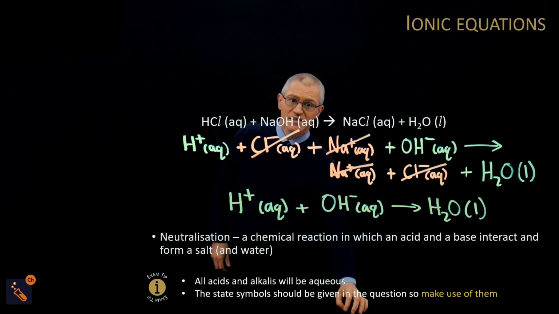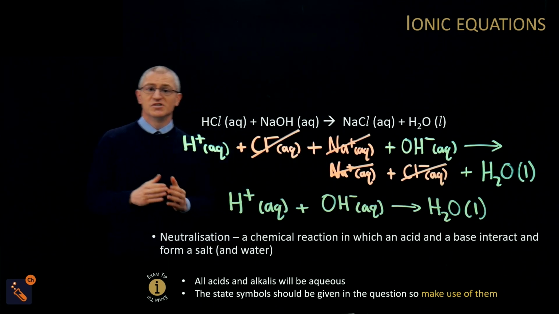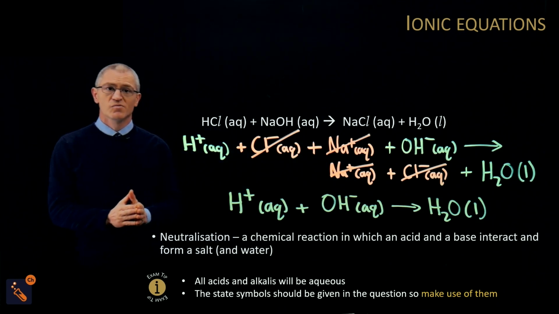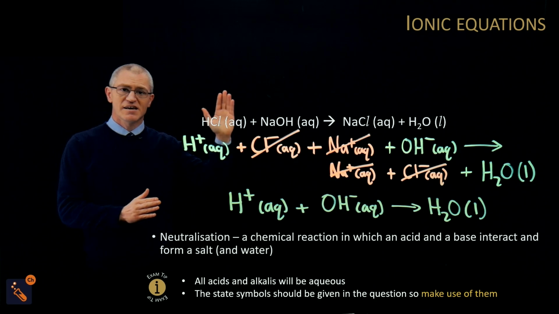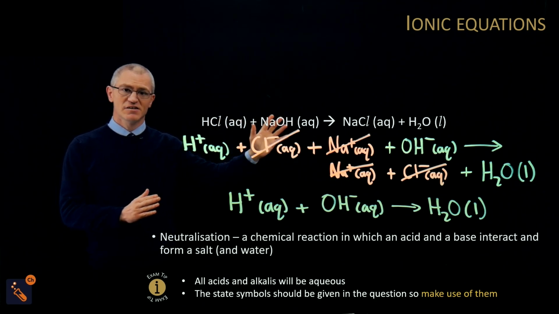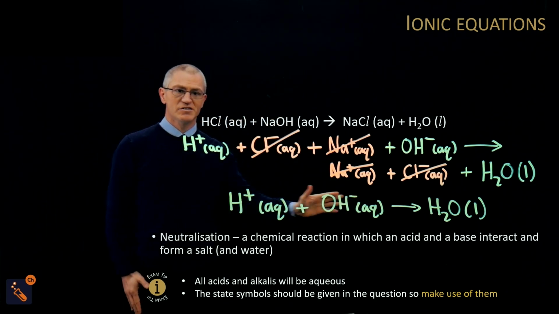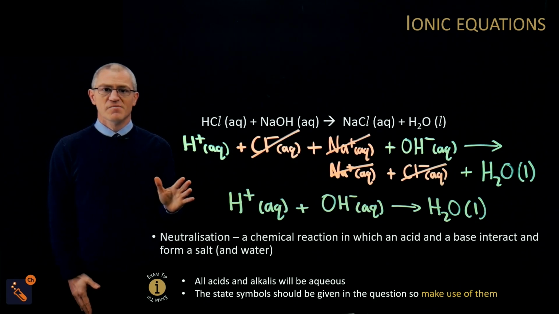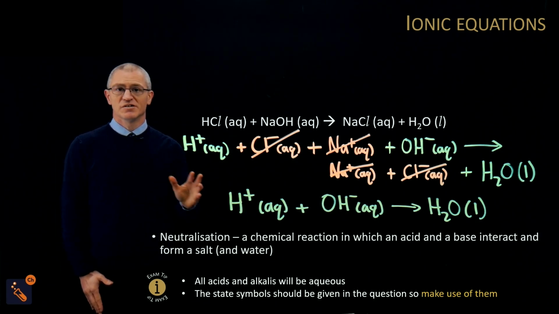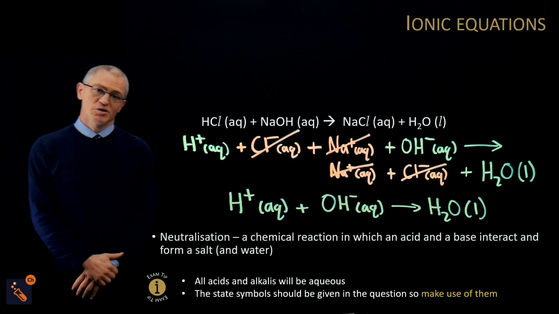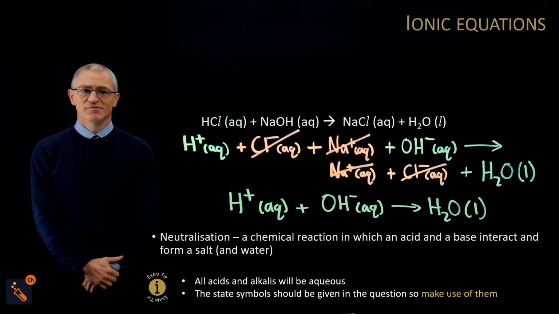And that is our ionic equation for neutralization reactions, where you have an acid and an alkali. It's the most common ionic equation that you come across in both GCSE and A-level.